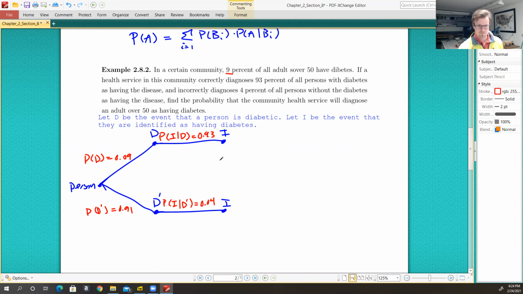All right. So then the probability that someone is diabetic and they've been identified as such is given by the probability that they are diabetic times the probability that they've been identified as such, given that they're diabetic. And the probability that someone is not diabetic but has been identified as being diabetic is given by the probability that they're not diabetic times the probability that they're identified as being diabetic, given that they're not.